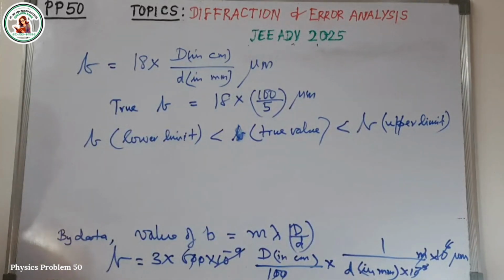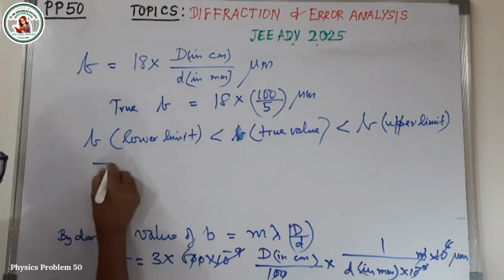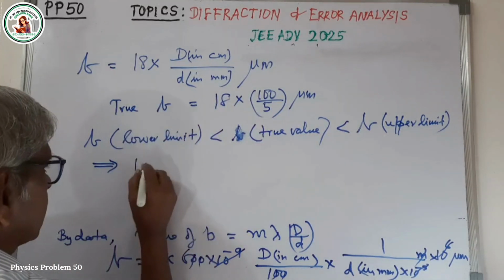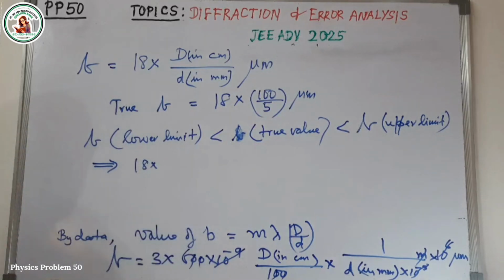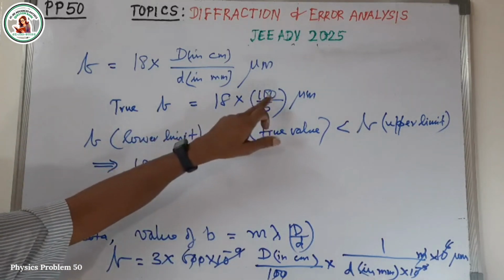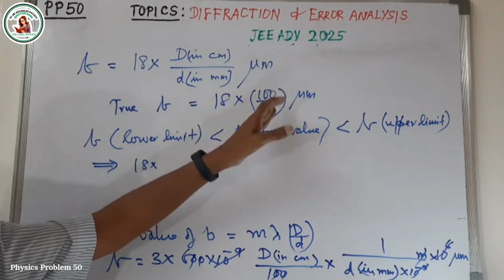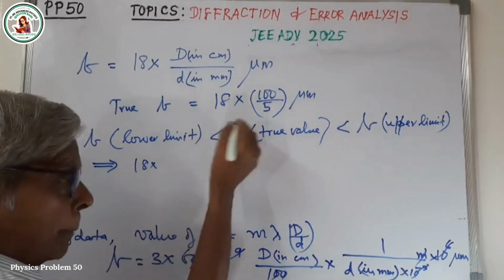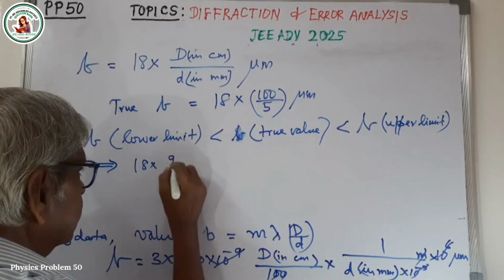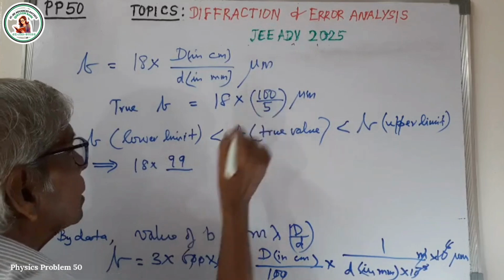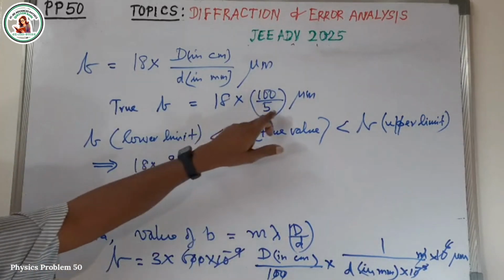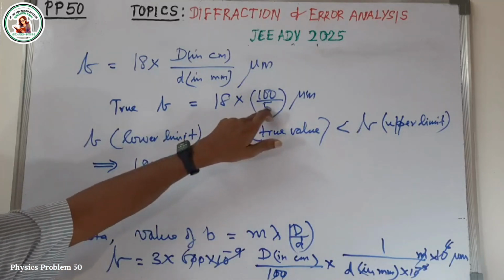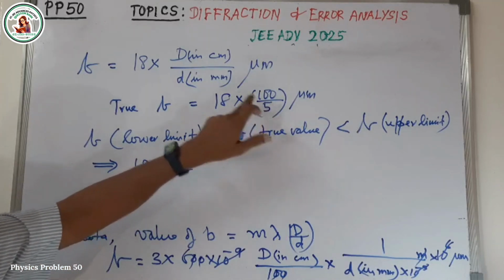So what does this imply? For the lower limit, 18 is fixed. We put the lower experimental value of capital D, which is 99, 1 centimeter less. To minimize this, we put the upper limit of small d.